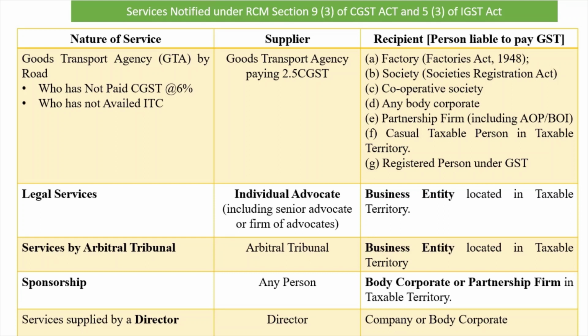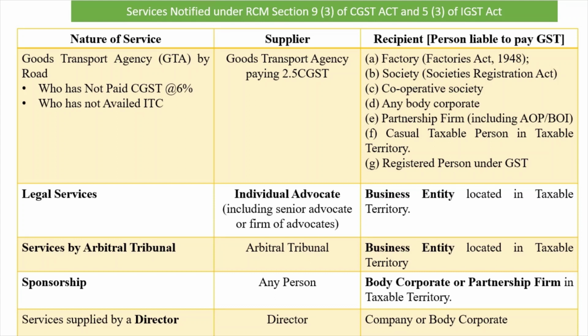Then the second service is legal services. Any individual advocate including senior advocates or firm of advocates. So here the supplier is an advocate, senior advocate or firm of advocates, and who is the recipient? Business entity located in taxable territory.